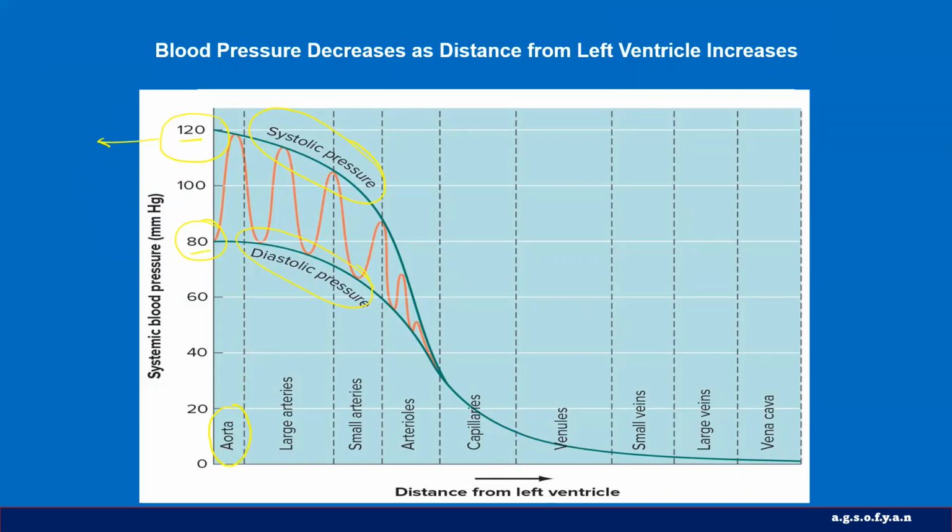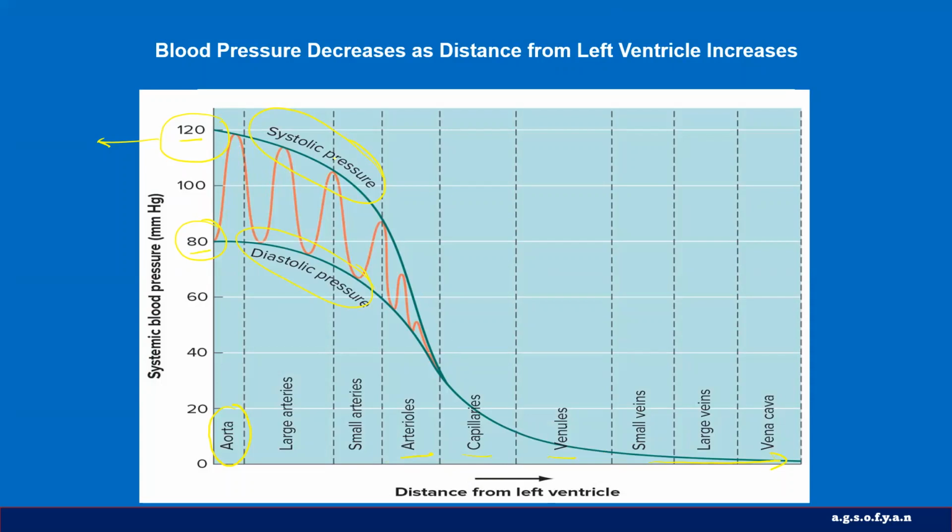When we move along the blood vessels, from the aorta to the arteries, then smaller arteries, arterioles, then capillaries, venules, and then the vena cava, you should be able to see that this pressure will be going down.